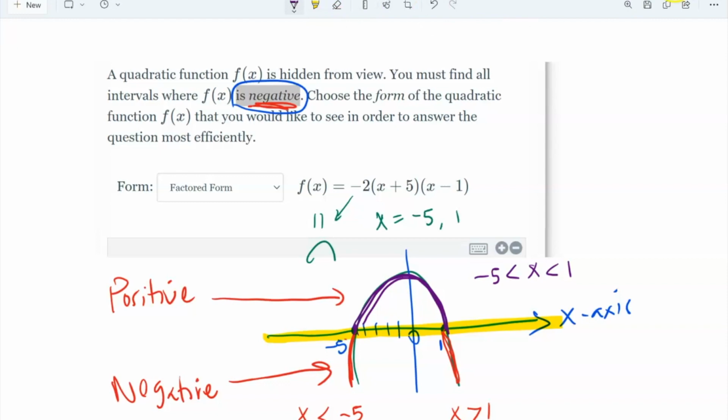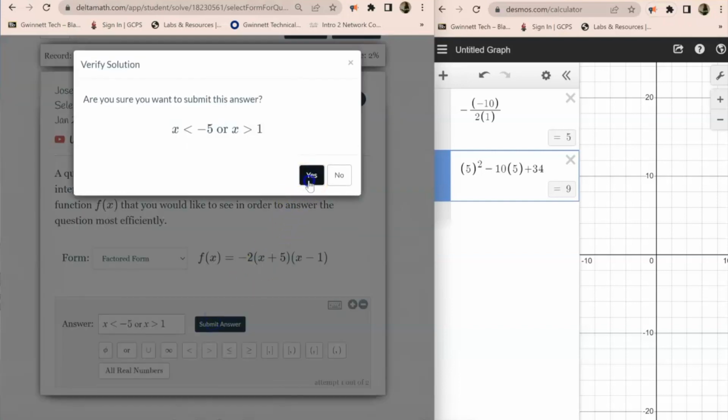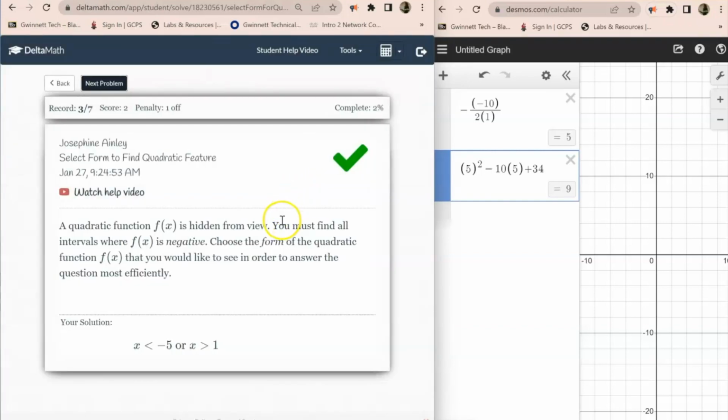So x is less than -5, or x is greater than +1. Okay, so that's how you do both, positive and negative.